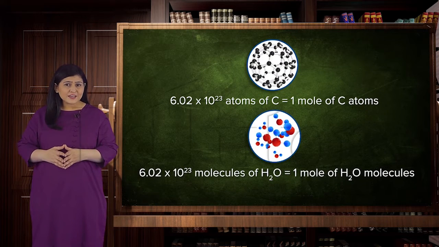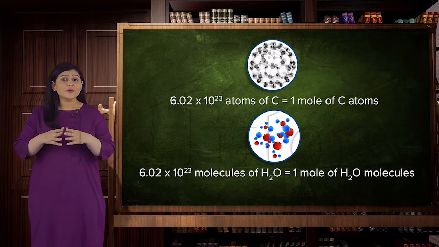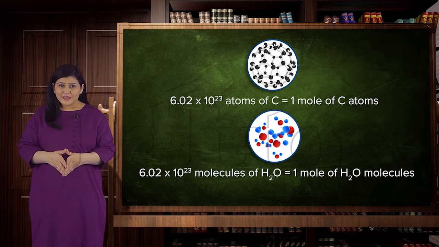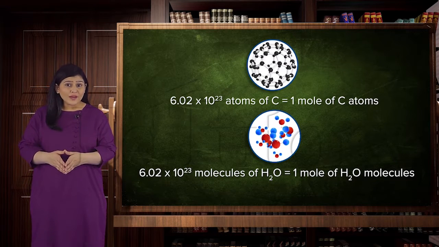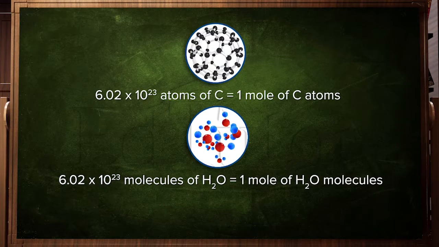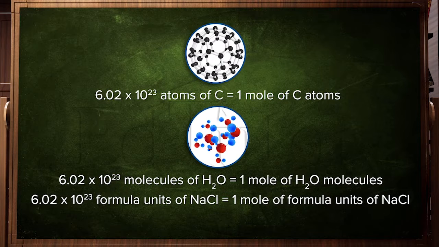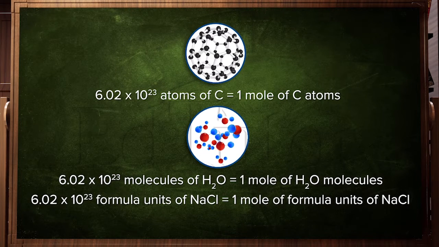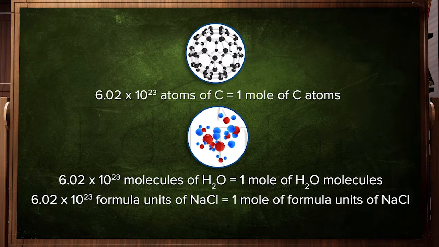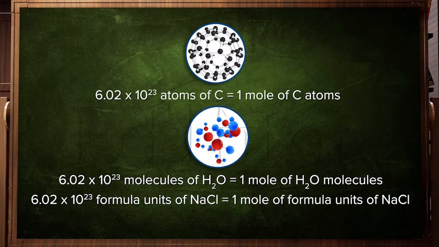And if I say 6.02 × 10^23 molecules of water, then I mean 1 mole of water molecules. Meanwhile, 6.02 × 10^23 formula units of NaCl would essentially mean that it is equal to 1 mole formula units of sodium chloride.